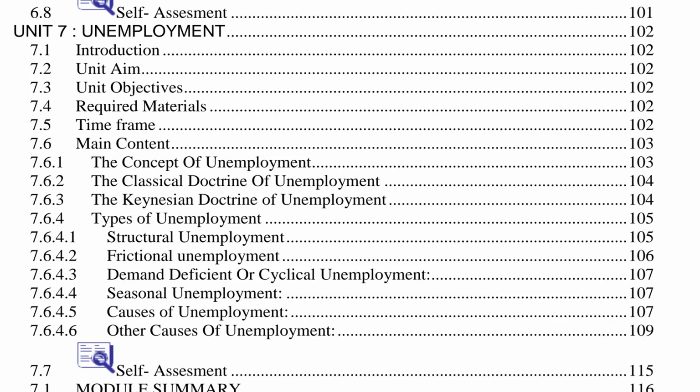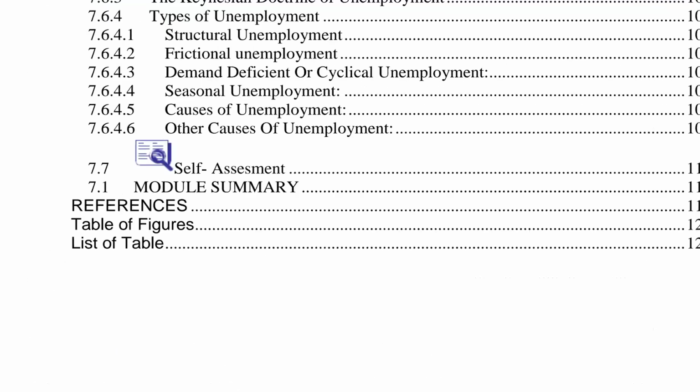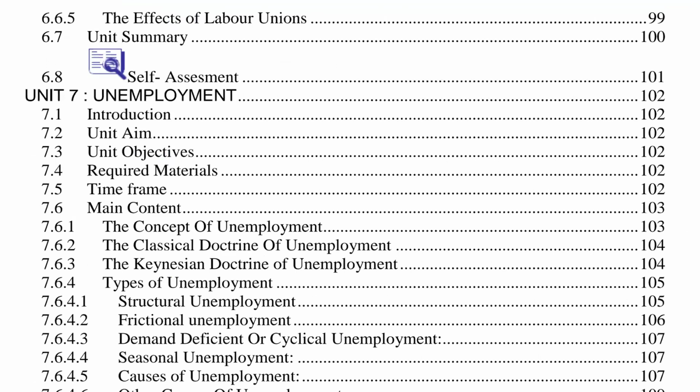We will explore the Keynesian doctrine of unemployment and the different types of unemployment, being structural unemployment, frictional unemployment, demand deficiency unemployment, which is also called cyclical unemployment, and seasonal unemployment. We will also look at the causes of unemployment, starting with the prime causes and other causes. So in short, we will study unemployment.